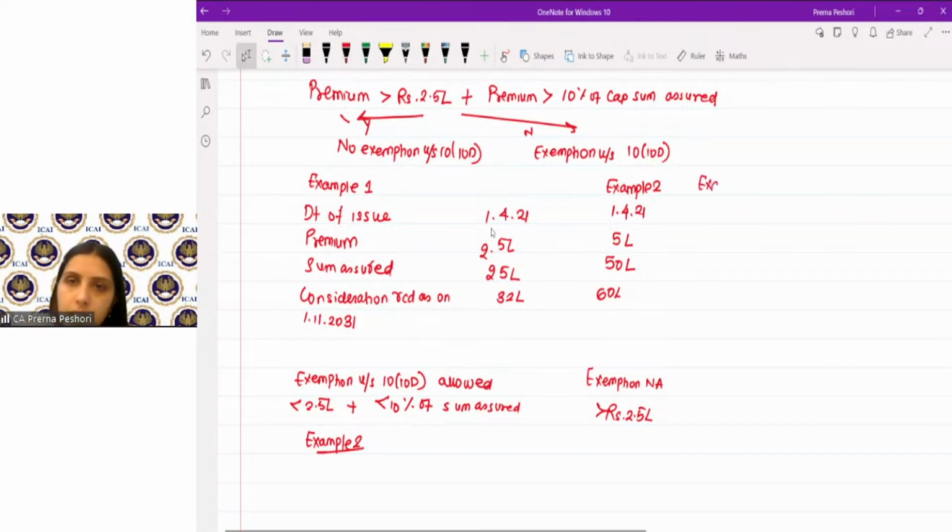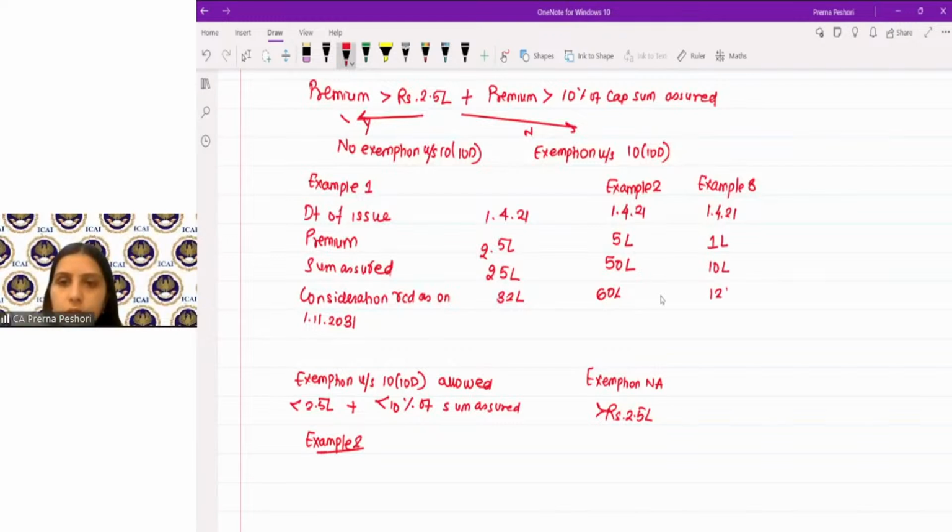Example 3. Date of issue 1/4/21. Annual premium 1 lakh. Sum assured 10 lakhs. Consideration received 12 lakhs. In this case, whether there would be exemption or not.